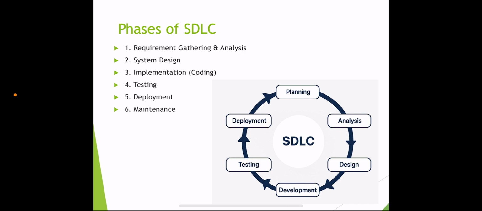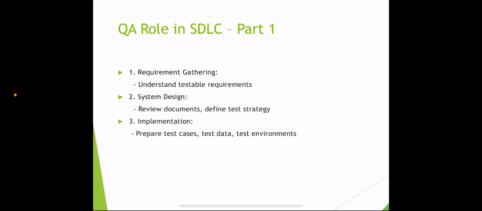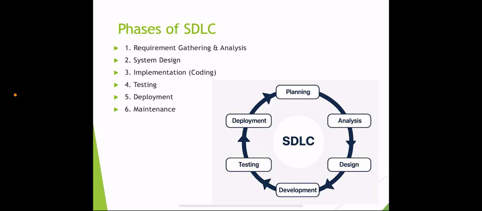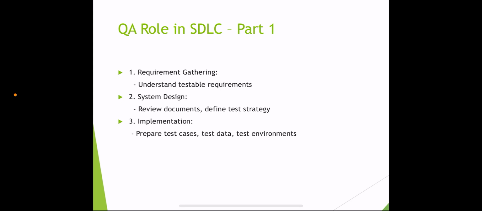Okay, so here you can see, once the requirement gathering is completed and planning is completed, here we can see the system design. In system design, we will review the documents. As a tester, we would review the documents and define the test strategy.